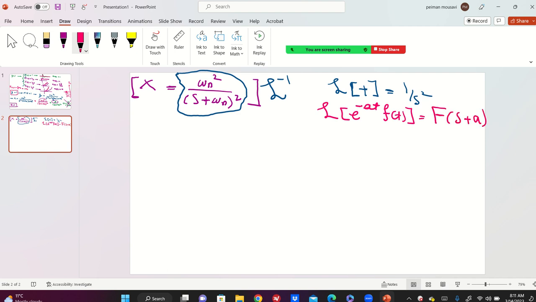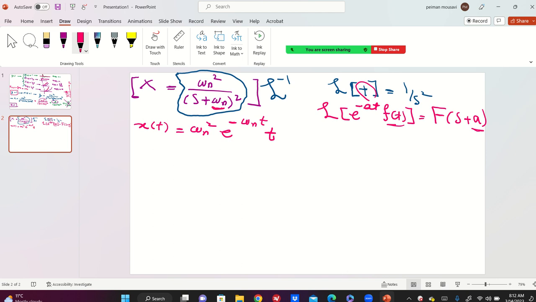So when you see s squared, this is this, but this a is this a. So on the other hand, x of t is gonna be, omega n squared is here, so you're gonna have e minus omega n t, and your f of t is gonna be this, t.